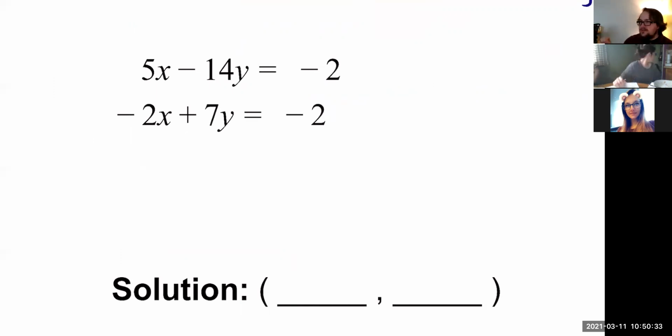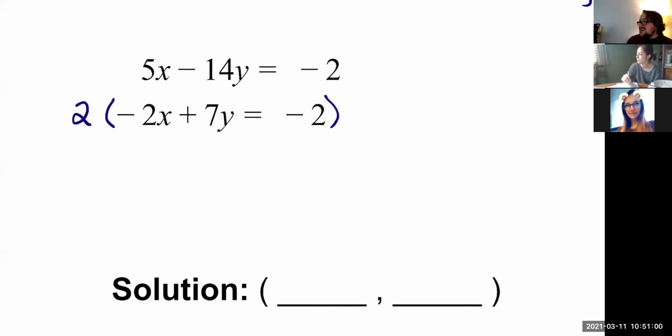What drew you to the bottom equation, and what made you choose to multiply by 2? Because 7 and 14 can go into each other twice. So you were focused on the y's, is what I'm hearing. Yes. And you're telling me that the 7 can go into the 14 exactly 2 times. Yes. Well, boom, that tells me verbally exactly what I need to multiply by. If 7 can go into 14 exactly 2 times, why not go ahead and multiply it by 2?